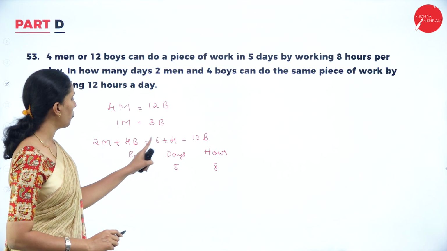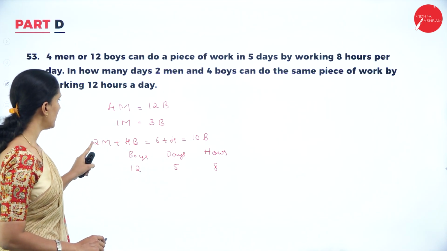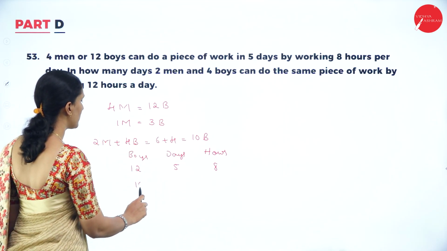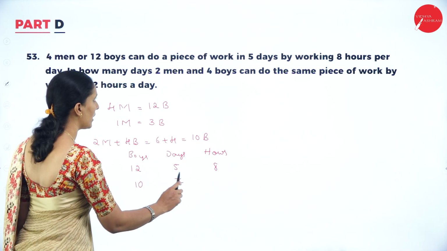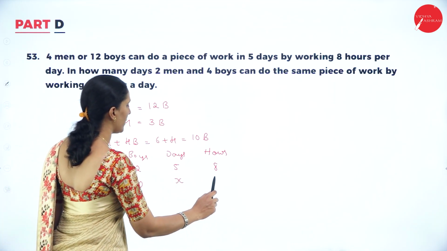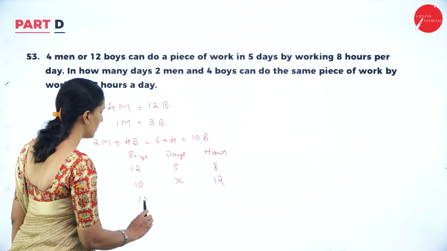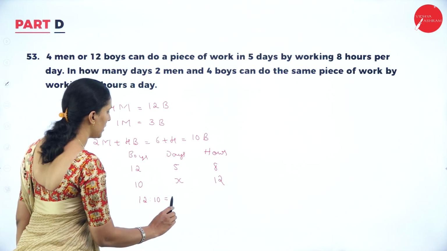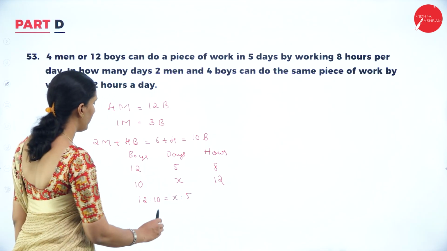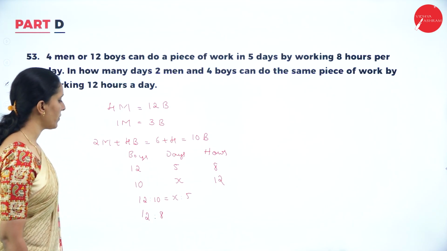Next I need to find out for 10 boys, because 2 men plus 4 boys means 6 boys plus 4, that is 10 boys, in how many days they can complete the same piece of work by working 12 hours a day. So clearly we can see 12 is to 10 is equal to x is to 5, an inverse proportion. Also we have 12 is to 8, which is also an inverse proportion.